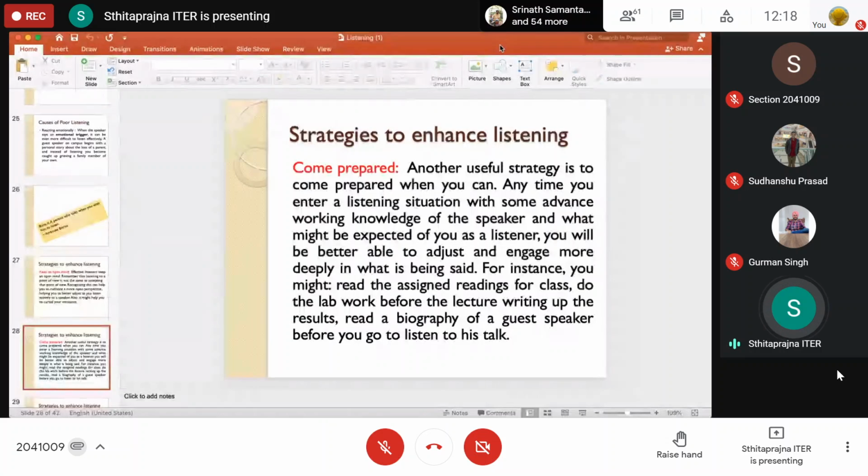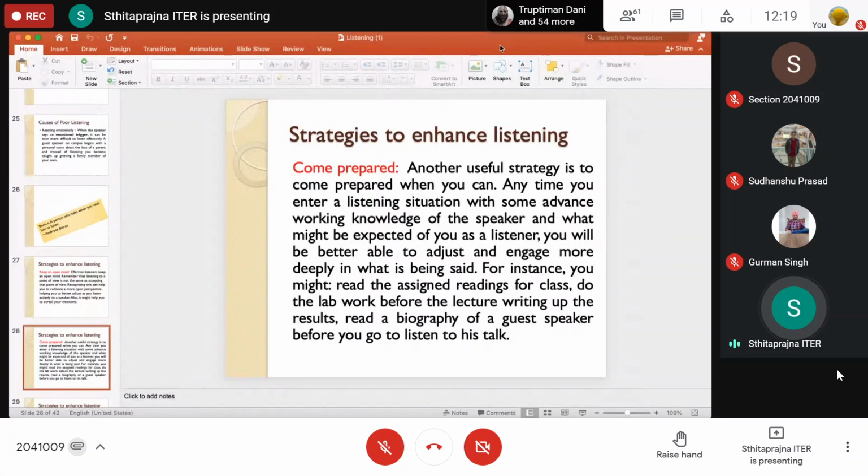So you listen in order to see what the teacher tells you in the class and what you have read. What is your understanding of it and how the teacher explains it. So coming prepared to the class is a very important strategy for listening.